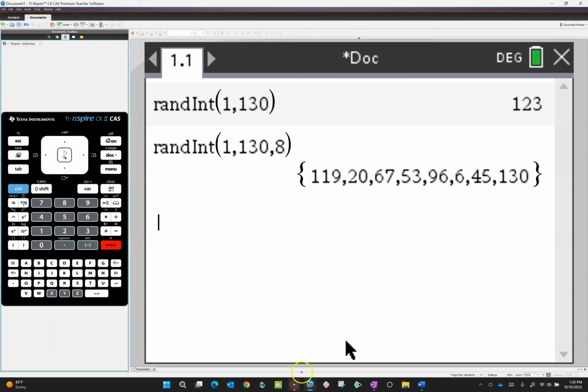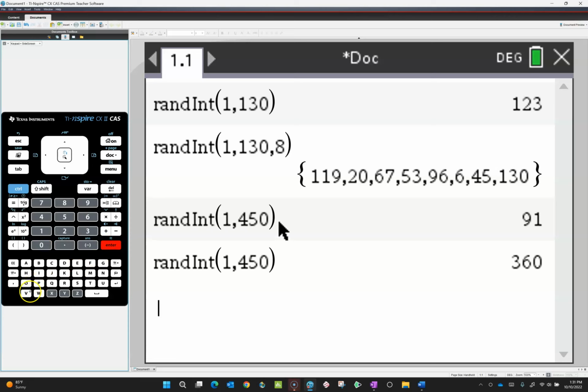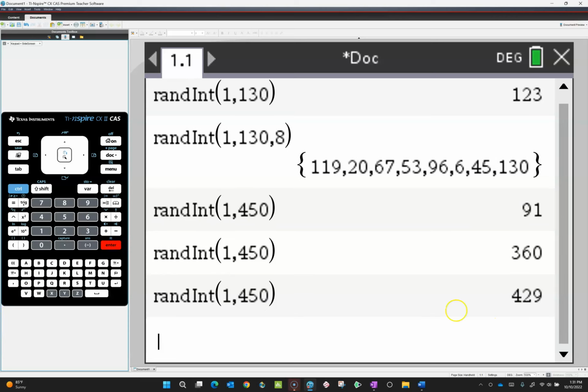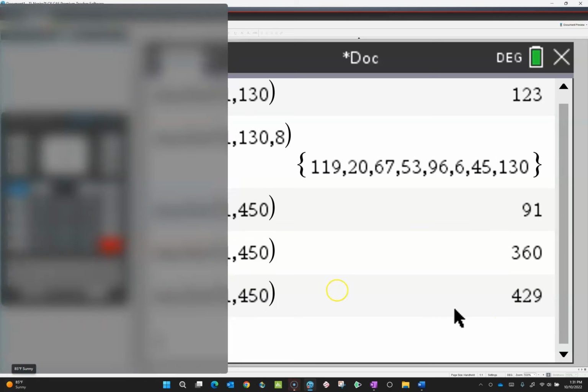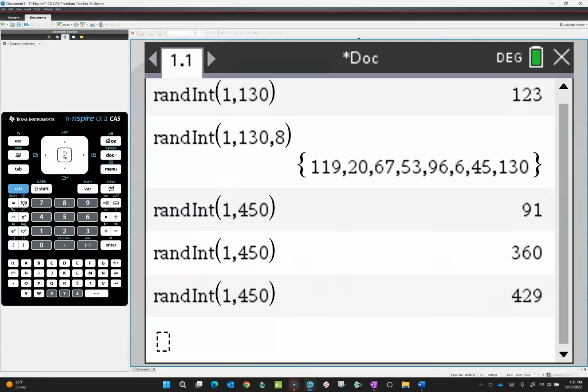So if we want to do this on our calculator, I'd do randint 1 to 450. So I'm going to select kid 91. I'm going to select kid 360. I'm going to select kid 429. I'm going to keep doing this. This is kind of nice because I don't get those extras. I don't get those 600s that I need to throw out.